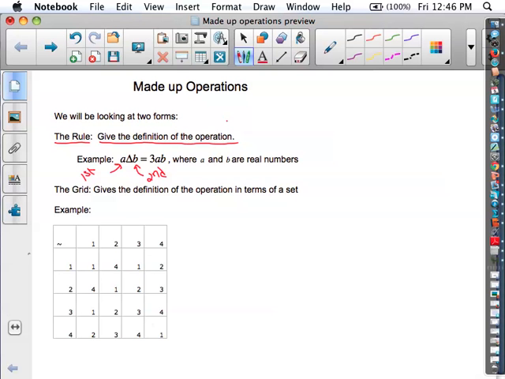When I perform the operation delta, that generates 3 times the first element times the second element. That's all you know about operation delta.